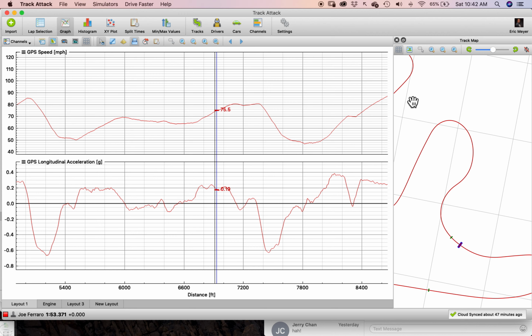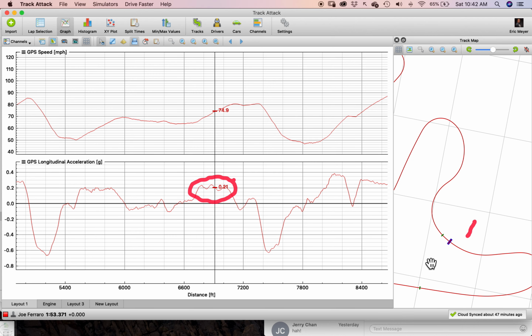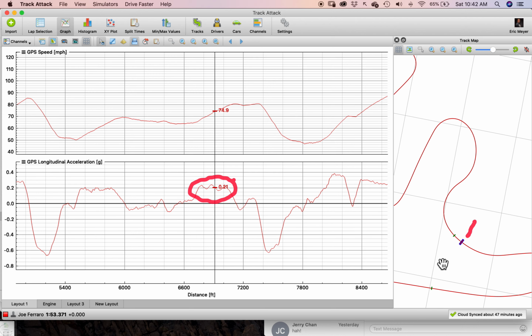Okay, so let's go back into here, which is here. We're going to look at this. We're going to say, where are you at on the track? Right here. About in the middle. Sorry about that. Move that around a little bit. Back there.